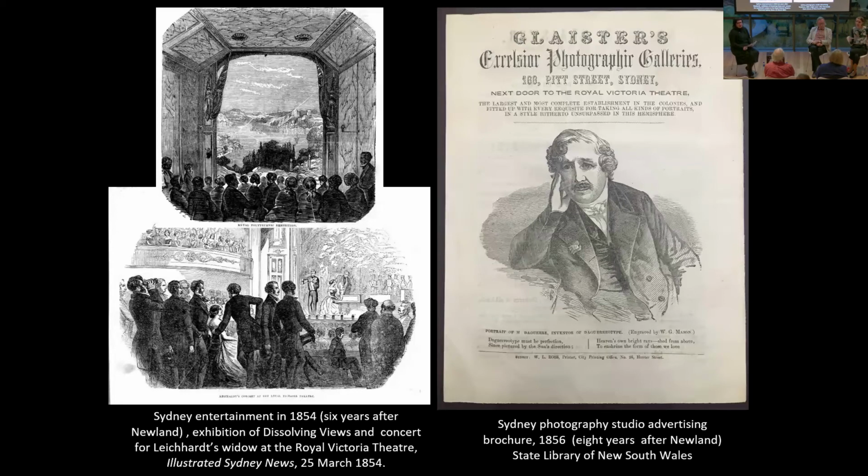There's heaps of different choices. His customers, he gives them instructions on how to dress. So it becomes a cosmopolitan experience after someone like Newland arrives. And that idea of the photographic world and the photographic experience is not just an import from Britain or from France, but something a lot more global in nature.